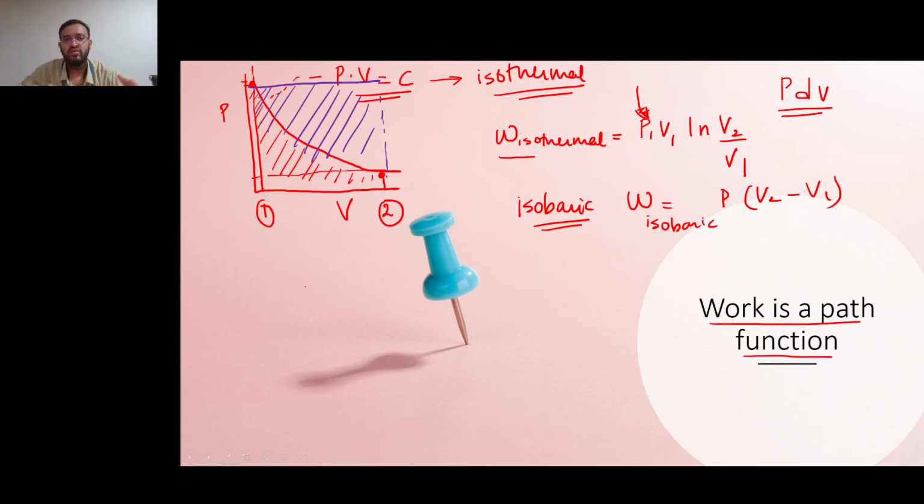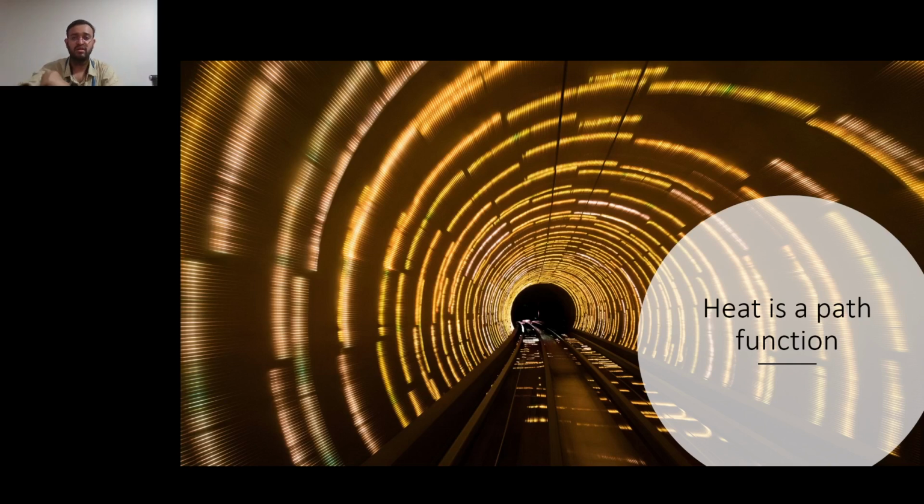Even though they might have the same initial and final conditions, depending on the type of process, the area under the curve will be different. This is a definite proof that work is a path function. It's not just dependent on the initial and final condition, it is actually dependent on the path of the process. And we can use this property to confirm that heat transfer is also a path process.